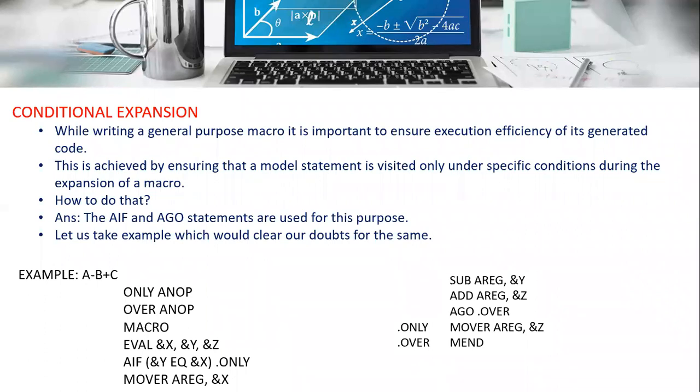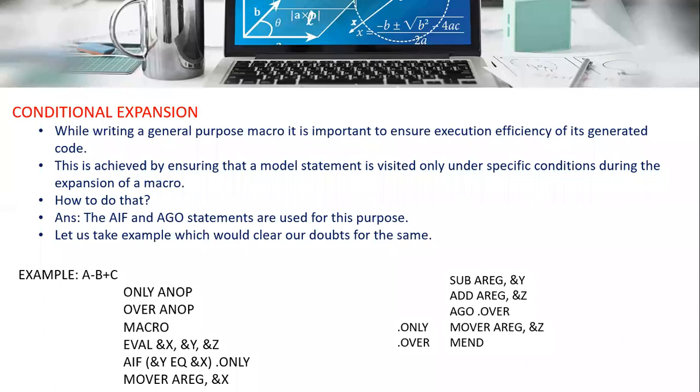In the AIF statement, we pass a specific condition code, compare the two operands, and accordingly transfer control to the expansion of the statement given at the label field. Both AIF and AGO were discussed in the previous lecture.